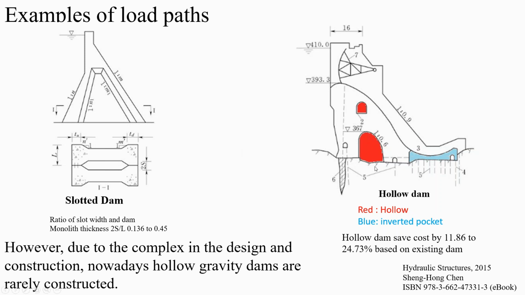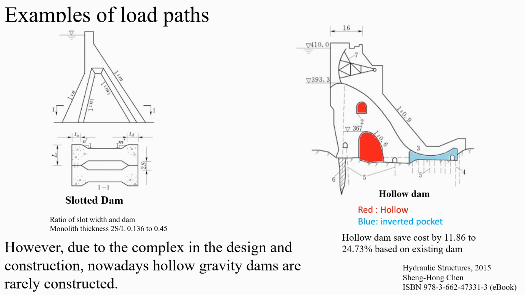And for the hollow dam, the hollow part is highlighted in red, and the part in blue is an inverted bucket. A hollow dam can save cost by 11.86 to 24.7% based on existing dams.